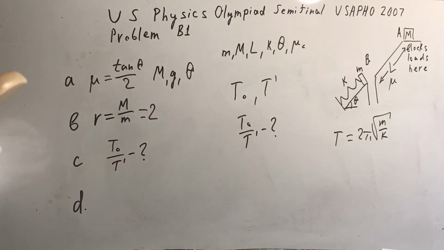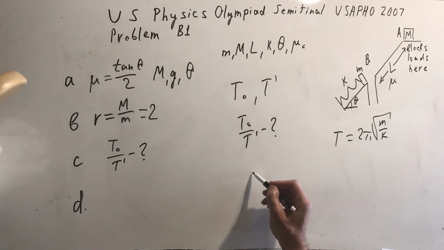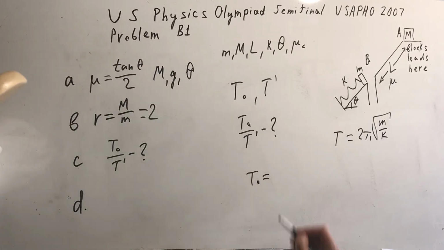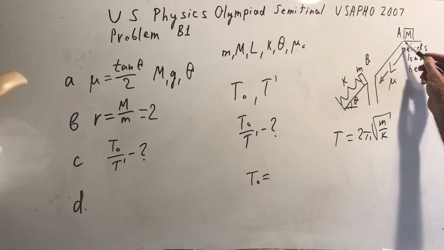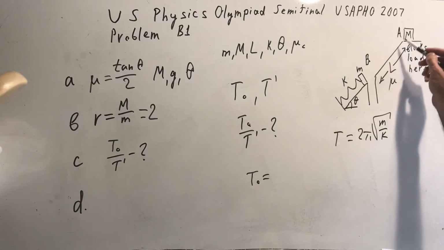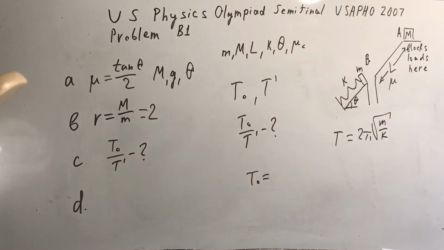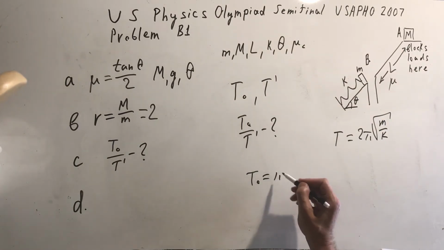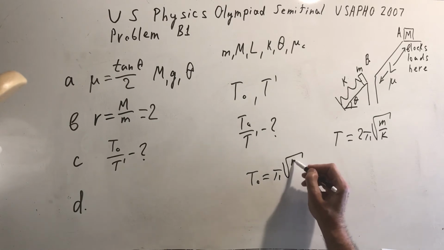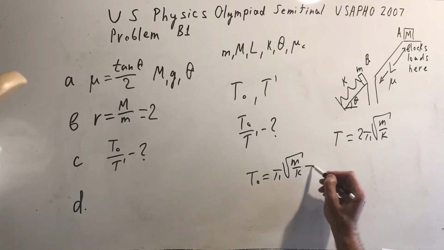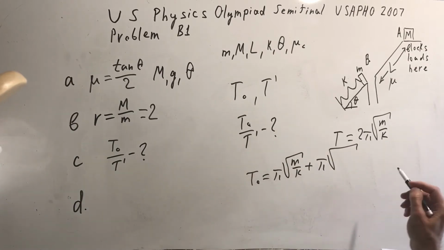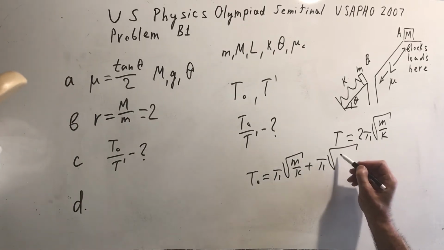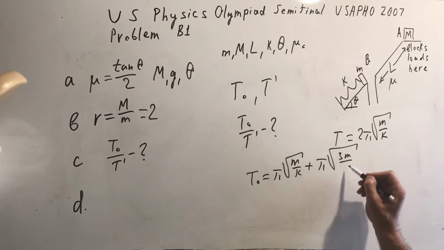To find t0, that will be motion here, half of the period for this block and half of the period for these two blocks. So that will be pi root m over k plus pi root m plus m, which is 3m over k.